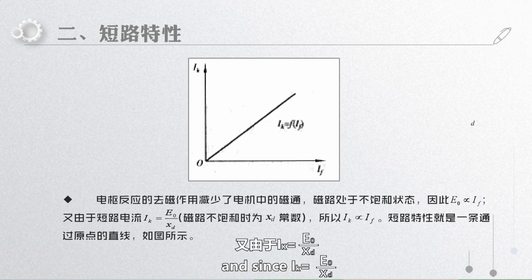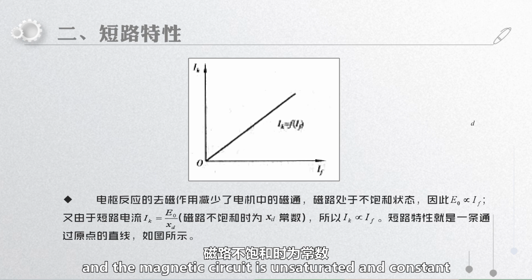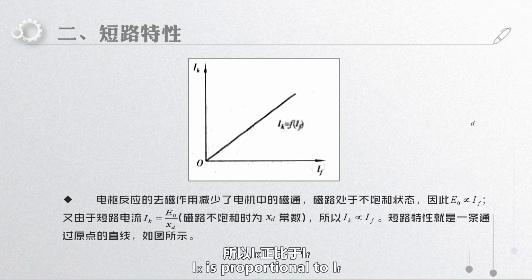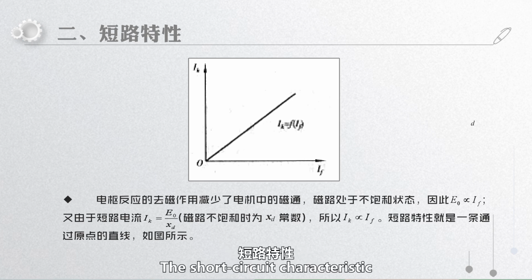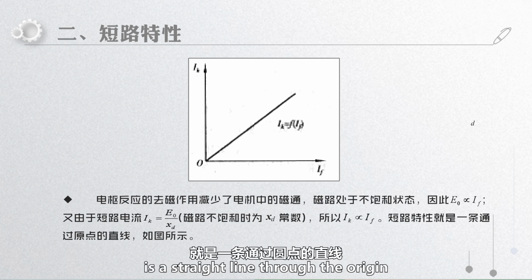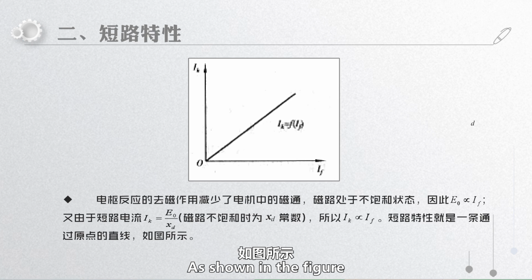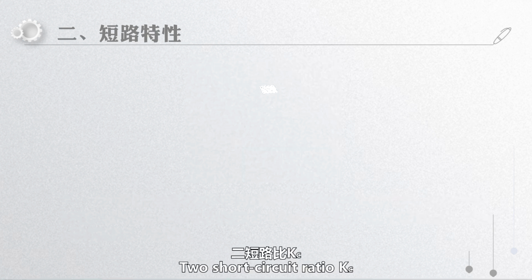And since IK equals E0 over XT and the magnetic circuit is unsaturated and constant, IK is proportional to IF. The short circuit characteristic is a straight line through the origin, as shown in the figure. 2.